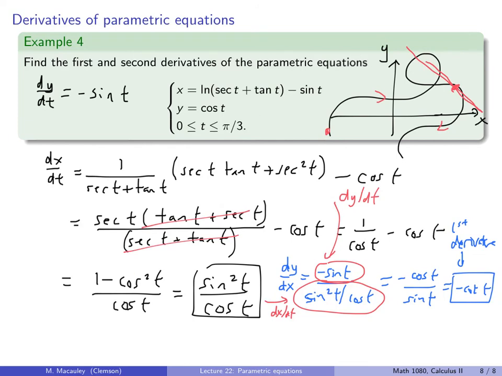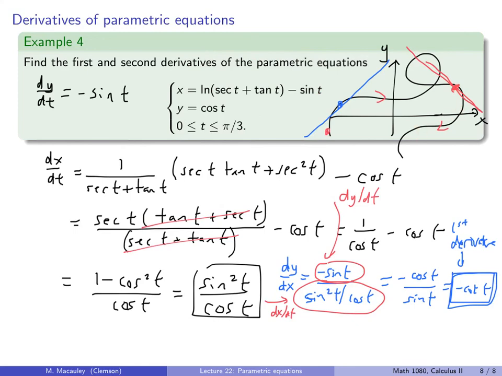That slope, at any time t, is equal to the negative cotangent of t. I think that's pretty remarkable: just from knowing the path, even though there's infinitely many paths we could choose, we are able to recover information about the derivative and the slope of the tangent line for the original curve. Okay, so that's the first derivative.